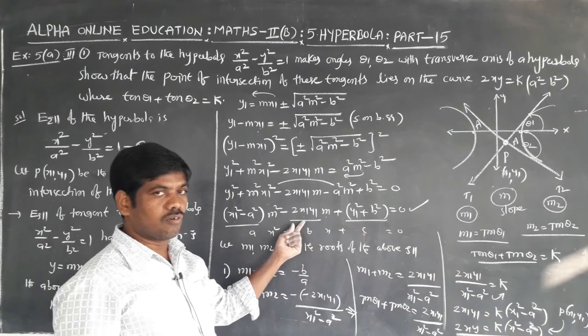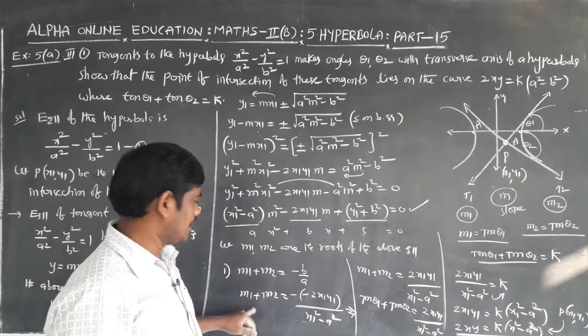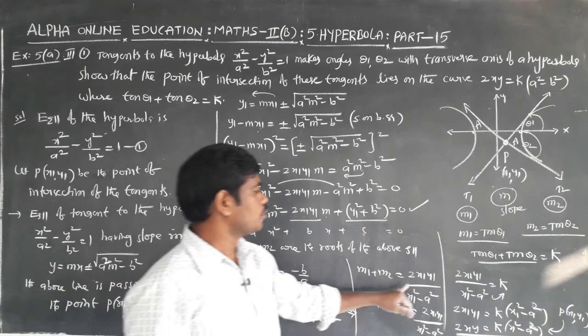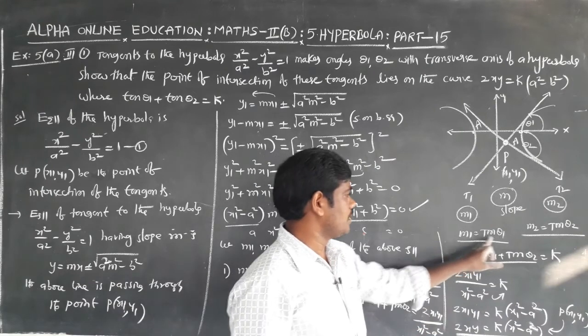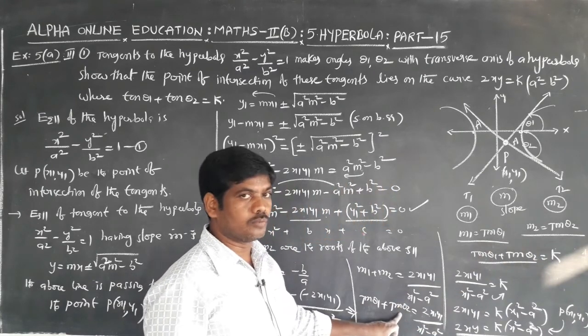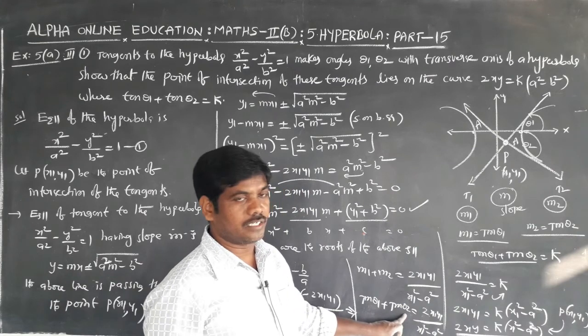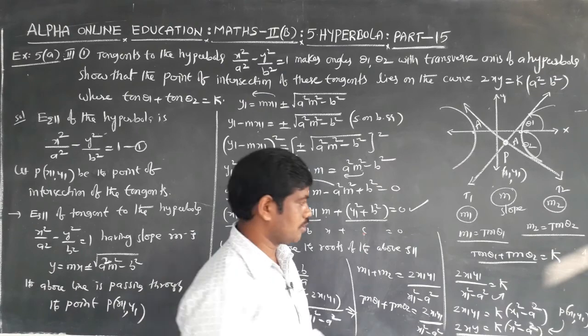Simplifying, this is a quadratic equation in m. Find the sum of the roots. Here m1 plus m2 equal to 2 x1 y1 by x1 square minus a square. Substitute m1 is equal to tan theta 1, m2 is equal to tan theta 2.